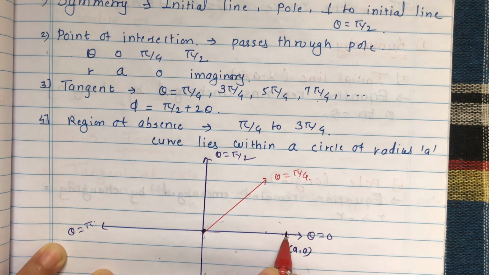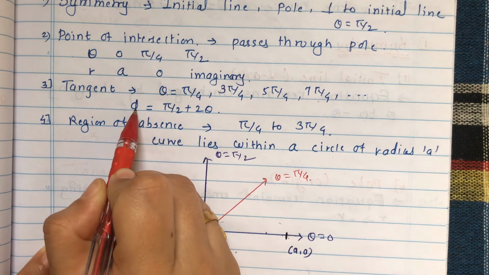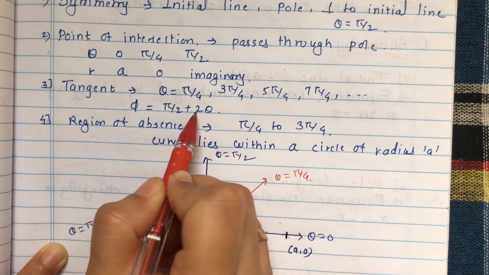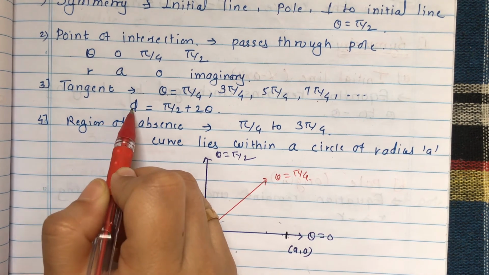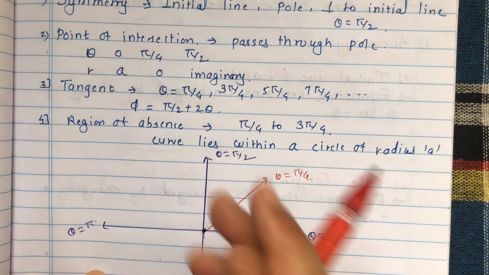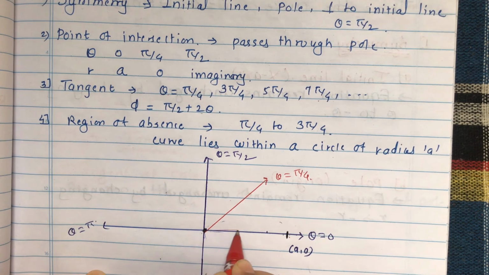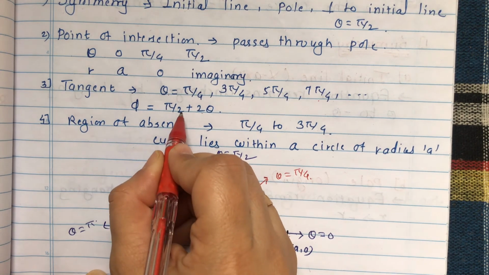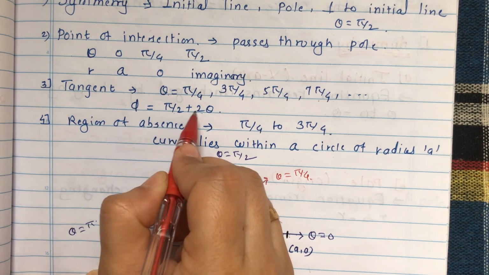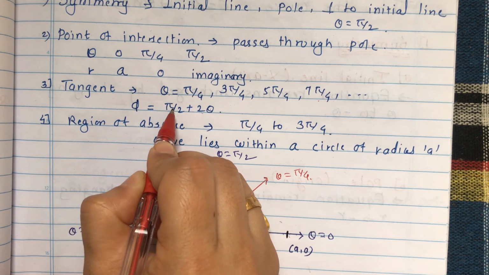Now for this point we will use the formula phi is equal to pi by 2 plus 2 theta, because phi is the angle between radius vector and tangent. For this point our radius vector is this line, theta is equal to 0. Now put theta is equal to 0 in this equation, that means phi is equal to pi by 2 plus 2 theta. So when theta is equal to 0, phi becomes pi by 2.